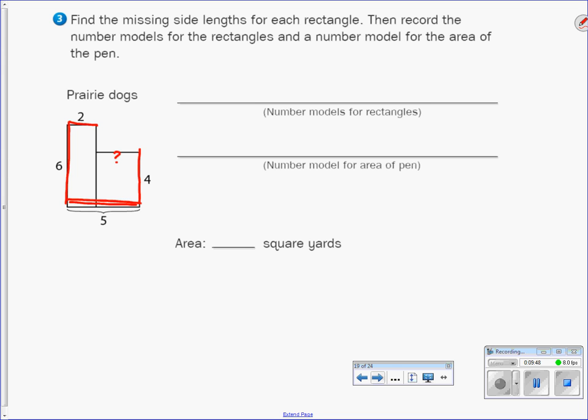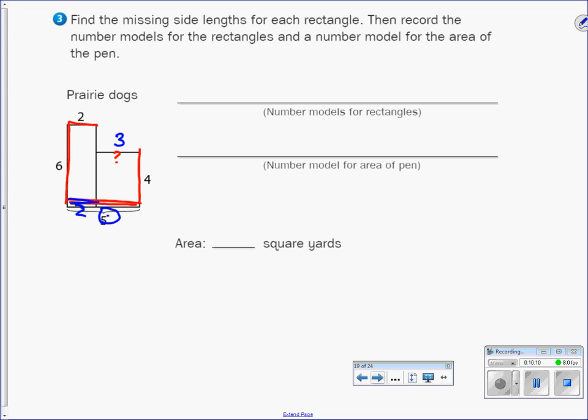And I know from this point to this point is 2. So I need to know what's left of the 5. So if I have 5 and I got 2 here, that tells me that 3 is going to be left, and that would be my missing length.